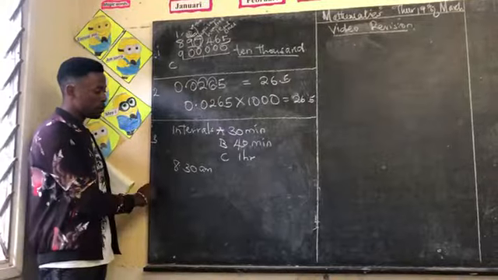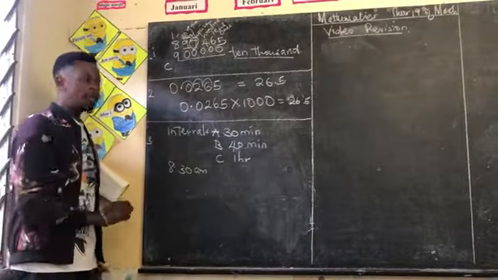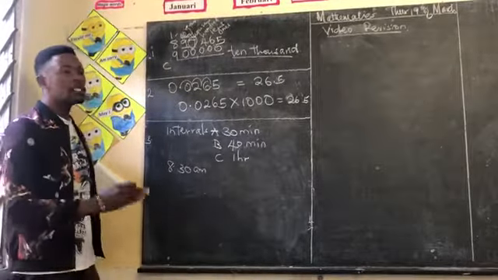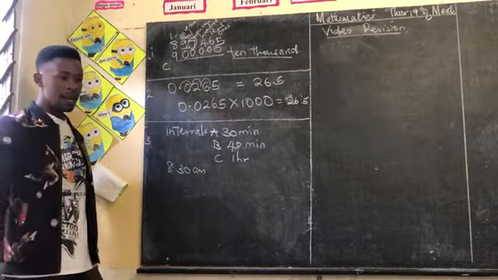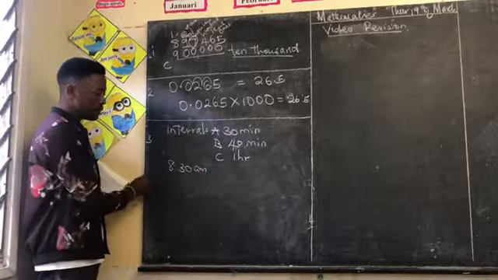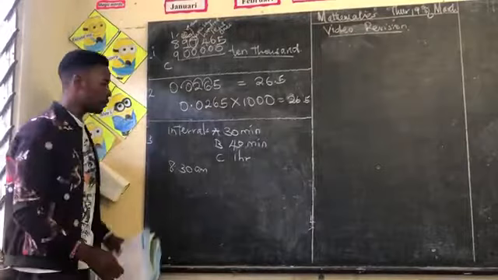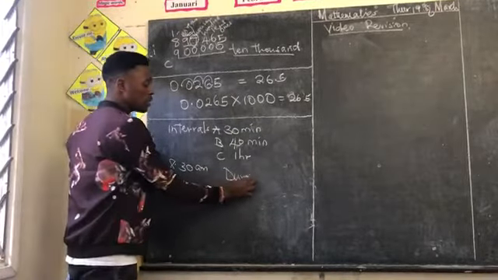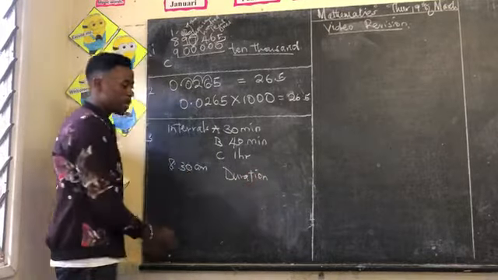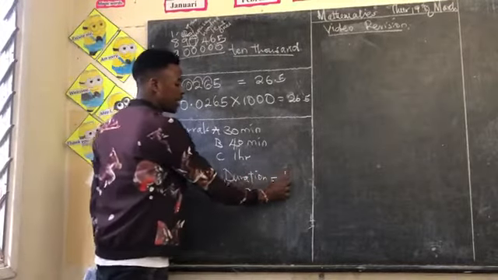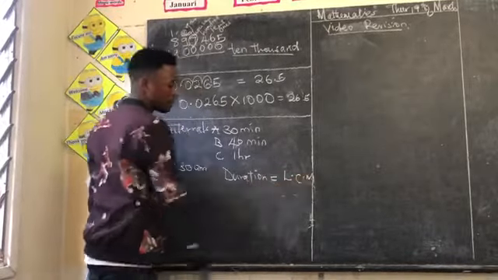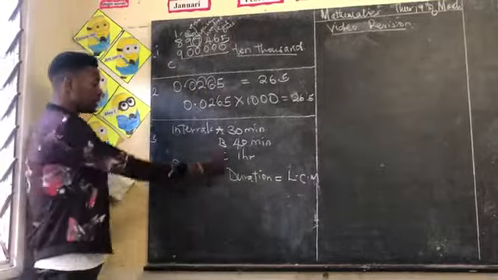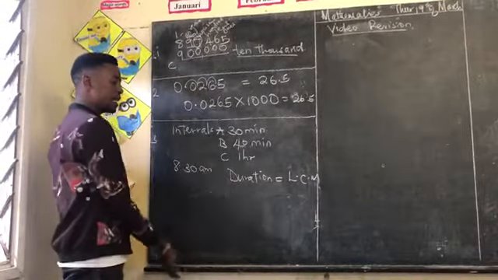So the first thing you should do is get the duration of time that they are going to take for them to ring together. And then from the previous time, you add to get the next time they will ring together again. Now to get that duration, you're supposed to find the LCM of the intervals. So you find the LCM of 30 minutes, 40 minutes, and 1 hour.